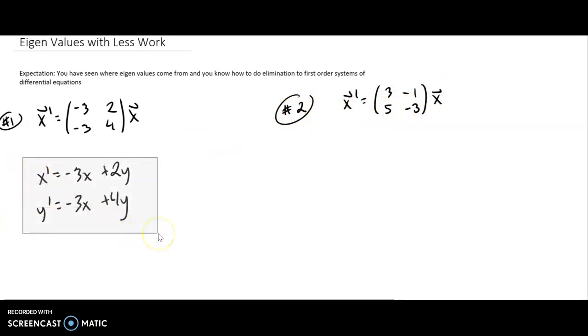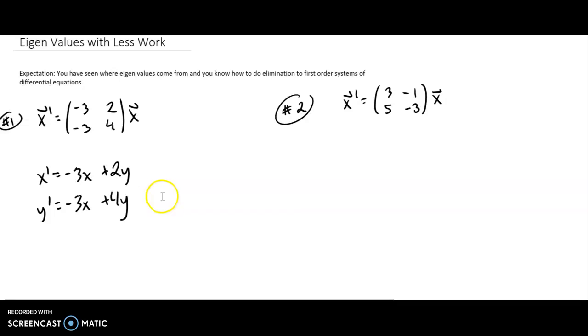If you were going to do them using elimination, you're probably going to start with this. You could solve for y, and then take the derivative, and then plug it into this thing, and then you should know how to use the characteristic equation, all that stuff, right? The reason I have you do that is because I want you to see the parallels between that and this as we go through. So let's jump right into it.